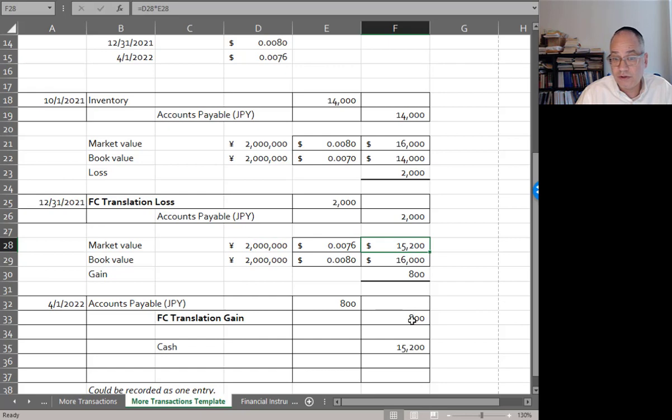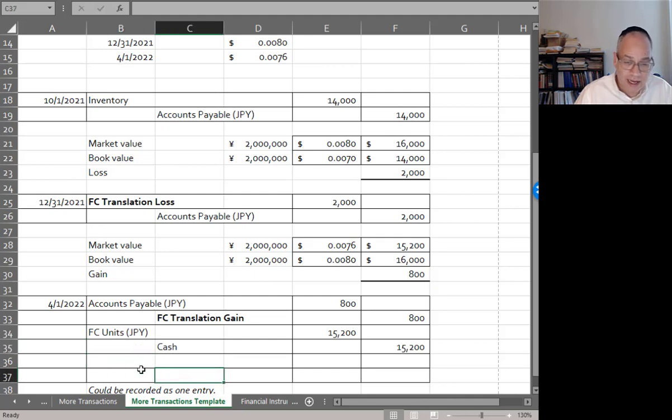So I'm going to give them 15,200 US dollars, and they're going to give me 2 million yen, which are worth 15,200, so they can go on my books for 15,200.